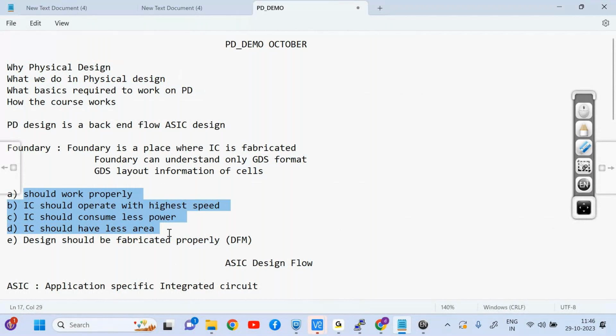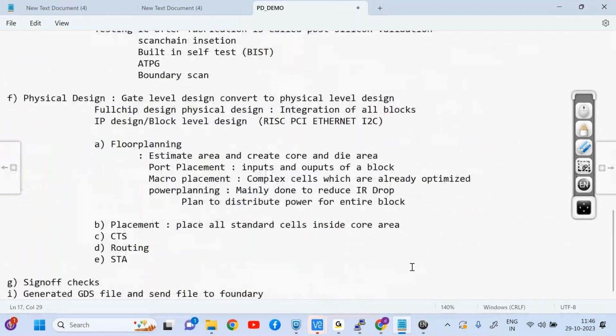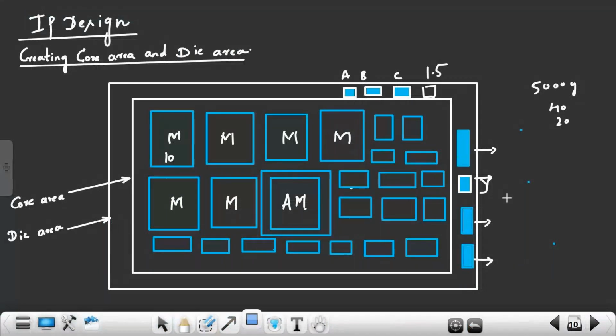I should do it in such a way that my design is meeting the timing. Timing requirement means my design should operate with the required speed, required clock frequency. Now place the standard cells inside the core area.